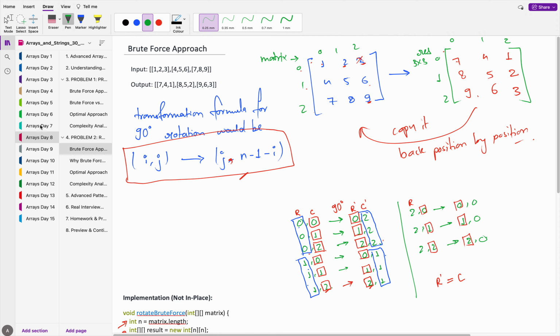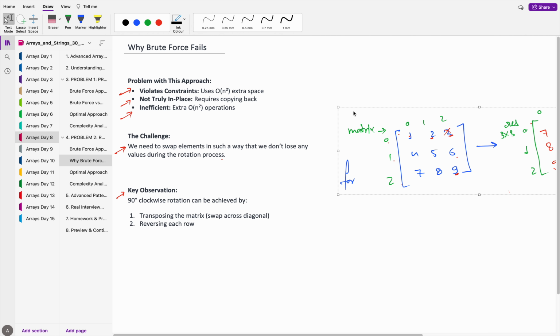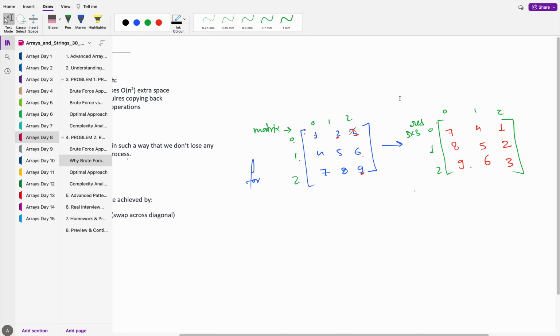The observation is, let me copy this and put it there. Let me show you the observation I was talking about. Mathematical equations, correct?